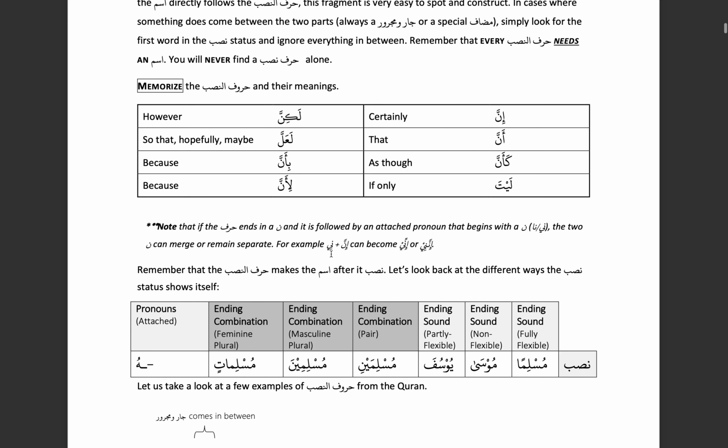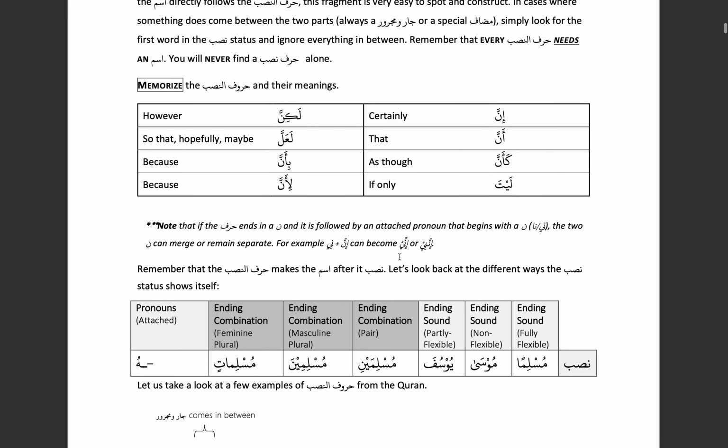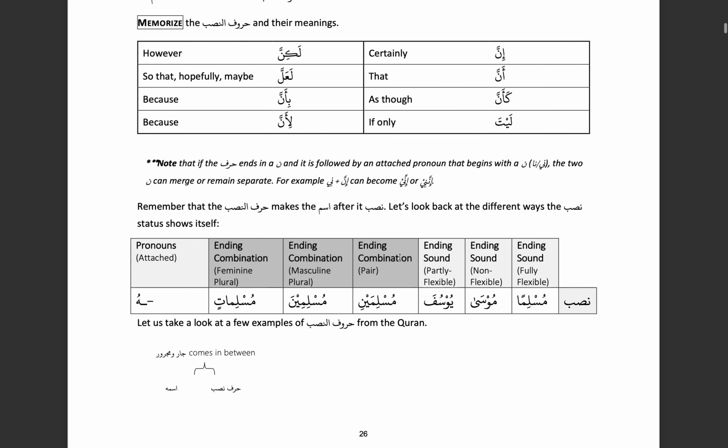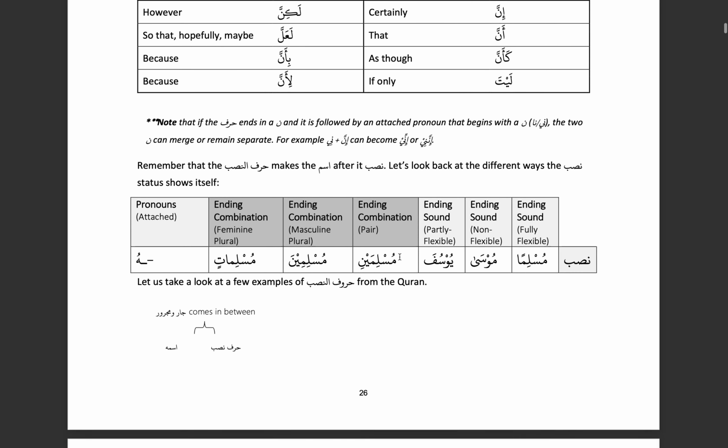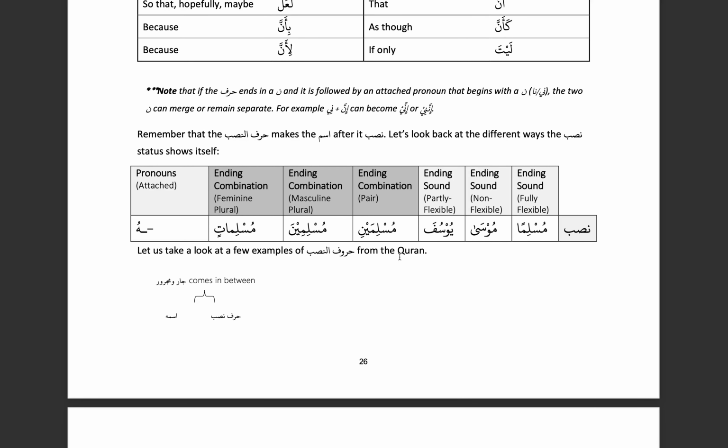For example, you can say innani, or you say inni. So those are the Huruf of Nasb. Layta is regret.